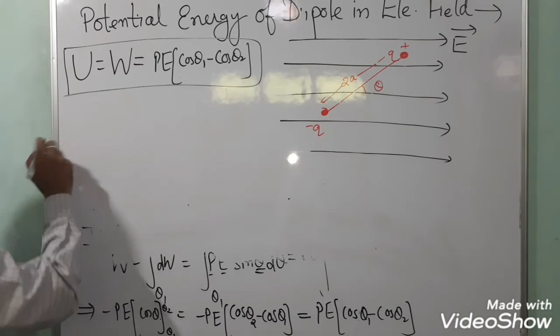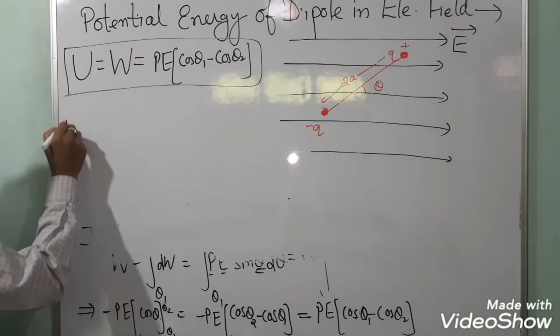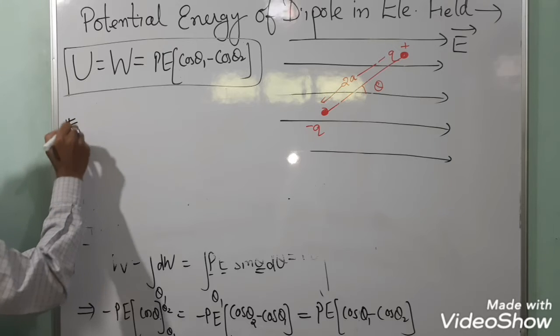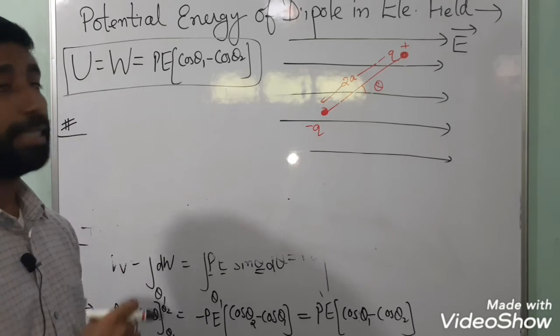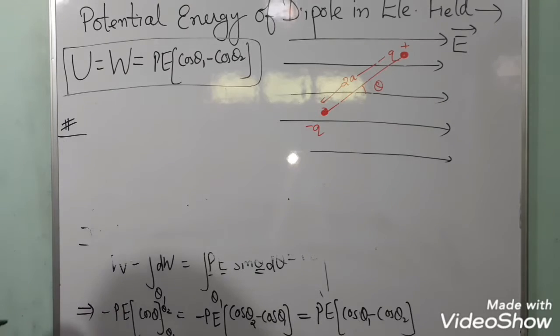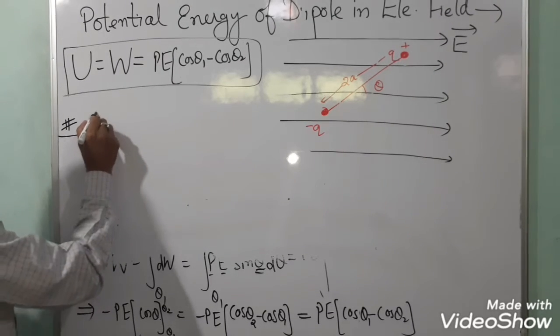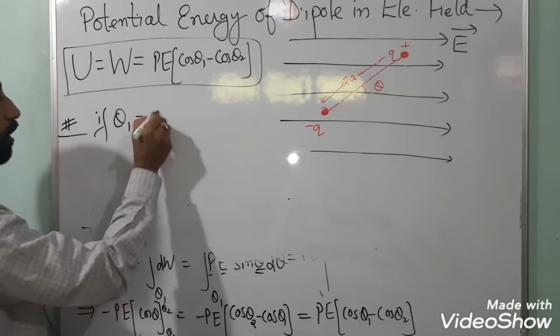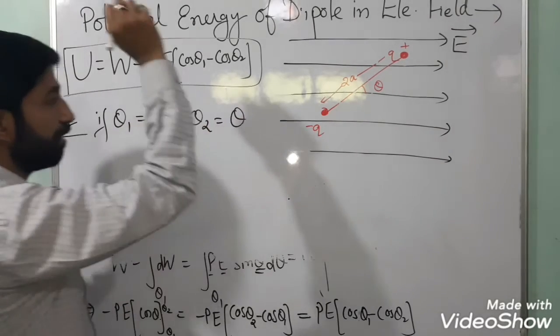Now we have two or three cases. First is if theta 1 is 90 and theta 2 is any value theta.